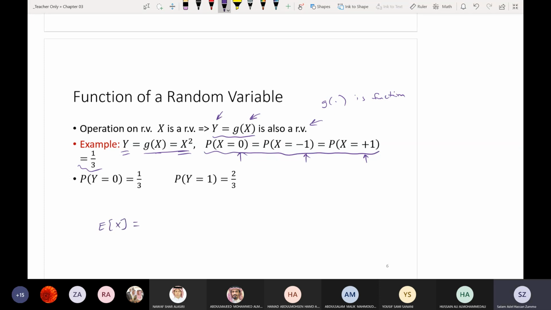Shabab, send it to me over the private chat. I need the expected value of x. Calculate it and send it to me over the private chat, please. Expected value of x.